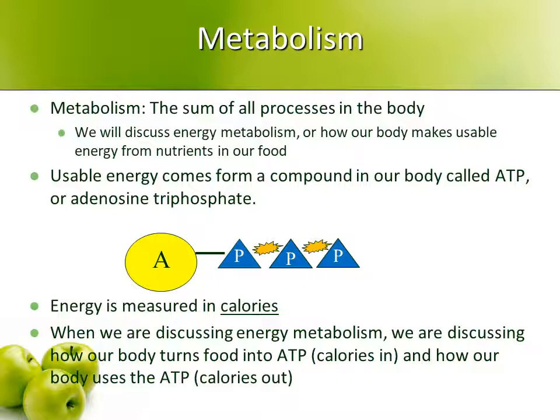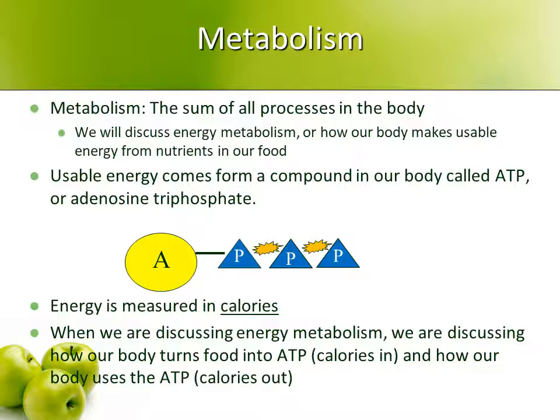The first thing is that when we're talking about energy and usable energy, what we're typically talking about is a compound called ATP. ATP stands for adenosine triphosphate. You have a representative illustration here of adenosine triphosphate. This is my interpretation of it.